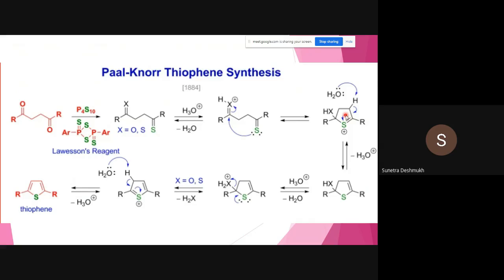Not really thiophene yet, but an intermediate of the thiophene. Once nucleophilic attack occurs, this lone pair shifts onto the oxygen atom, and the intermediate is formed.